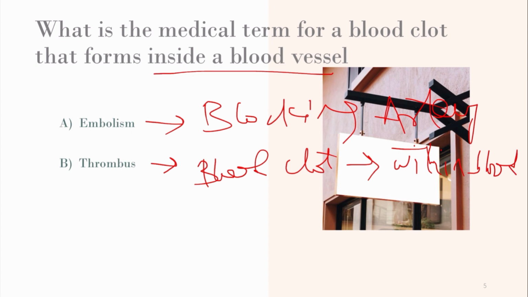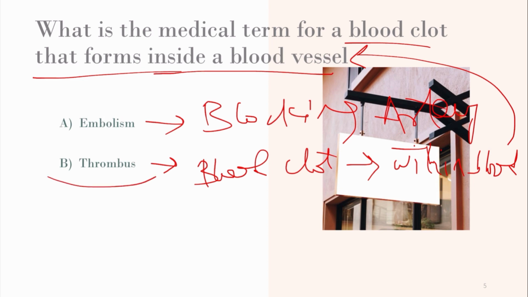A blood clot that forms inside the blood vessels basically blocks the normal flow of blood through the circulatory system. It can be deadly. So the correct answer for this question is thrombus.